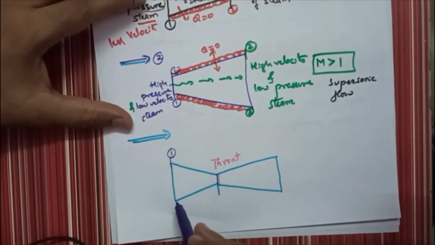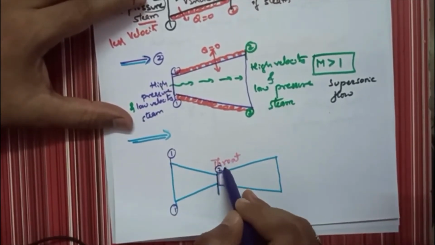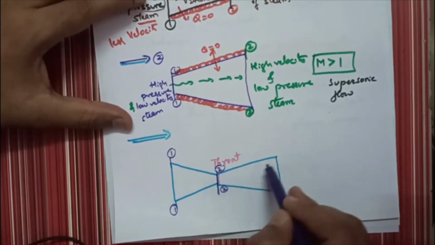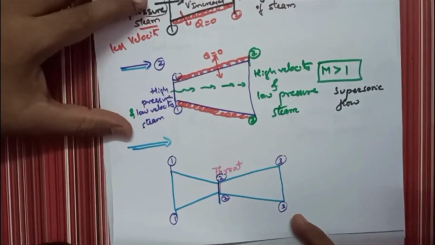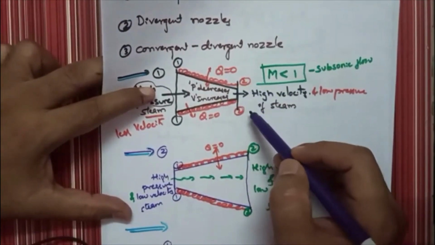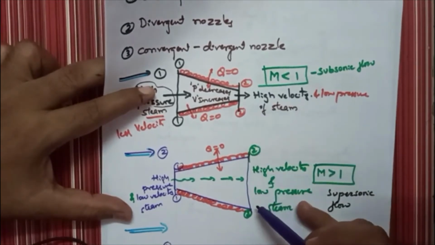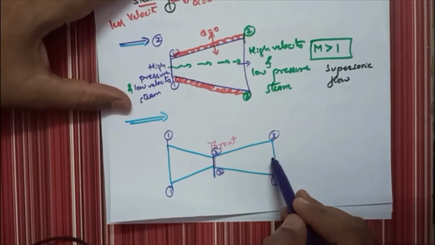Section 1, which I will call the inlet, section 2, the throat portion, and section 3, the exit of the nozzle. In the previous two nozzles, section 2 was the exit, but here section 3 will be the exit.